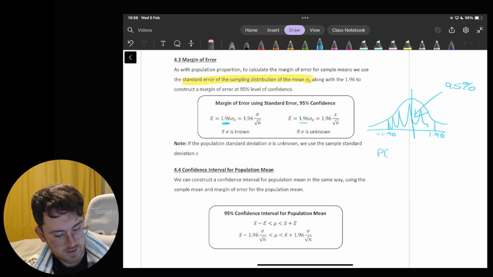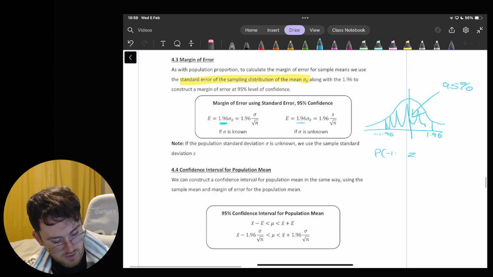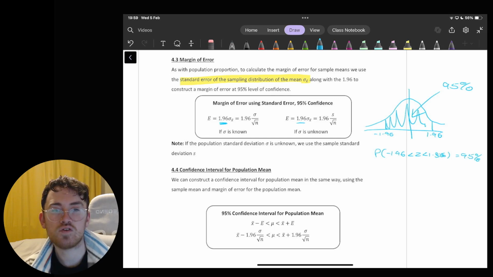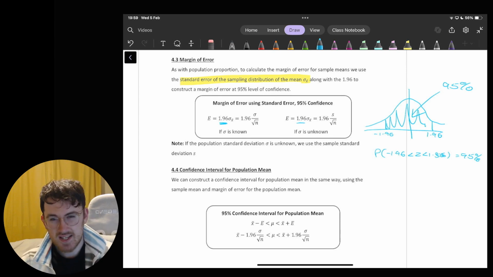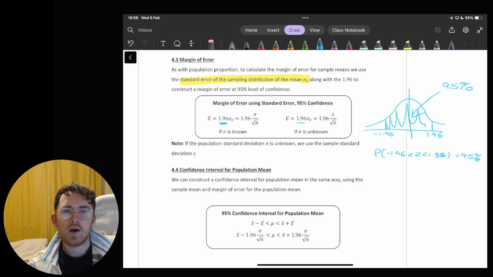So the probability that Z is between minus 1.96 and plus 1.96 works out at 95%. That's useful because 95% is quite confident, so I can be quite confident that the true value of my parameter lies within this range.